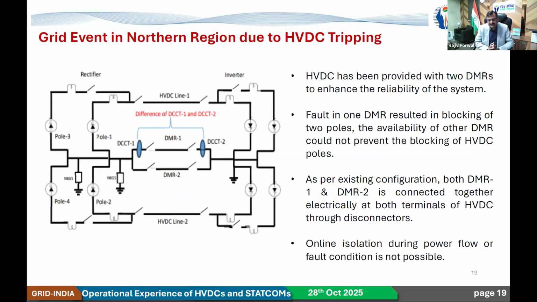Despite having a very high degree of reliability of 2 DMR, if one DMR goes out, the other DMR is only getting connected through an isolator, and therefore both the DMR went out, and therefore all the 4 poles of this multi-pole HVDC tripped. So that is the main learning from this event, that we must have a good philosophy about the DMR also. Even having more is not always good.